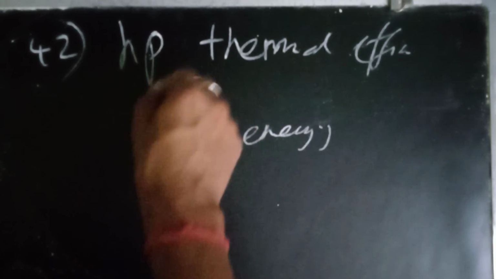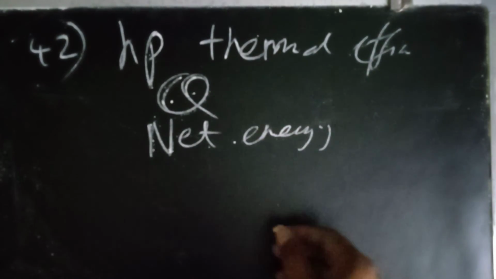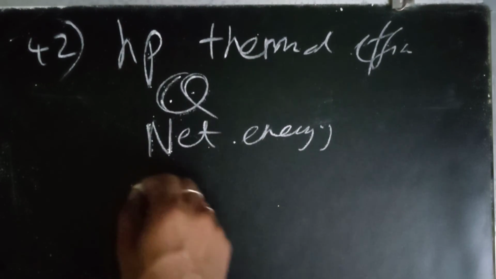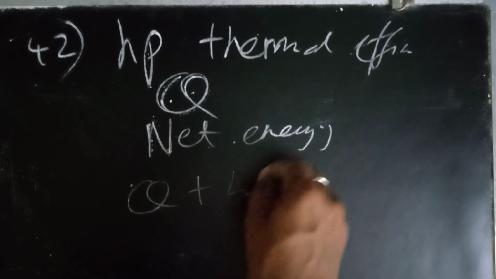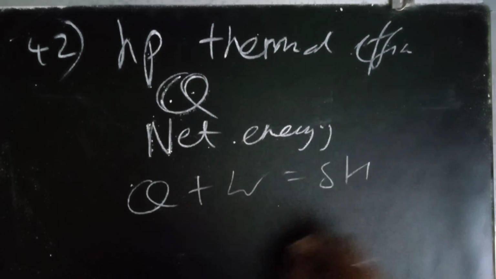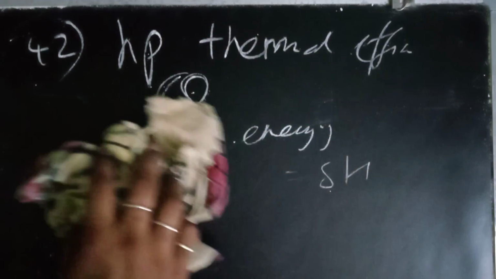So this was open flow, so we can write the equation Q plus W, delta H. Not that equation, but the one we write for flow. I don't remember the question, but this kind of question was also given for flow systems.